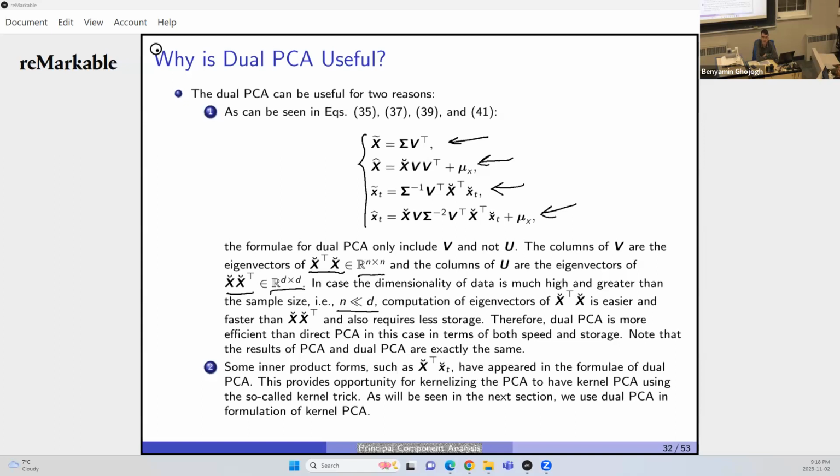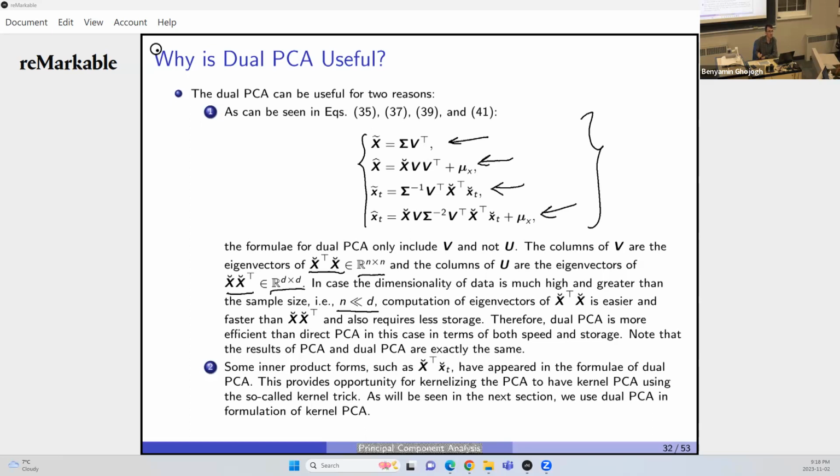V are the eigenvectors of the smaller matrix. U was used in direct PCA. Do you see any U in these equations? They are purely based on V. V is only used in dual PCA. U is used in direct PCA.